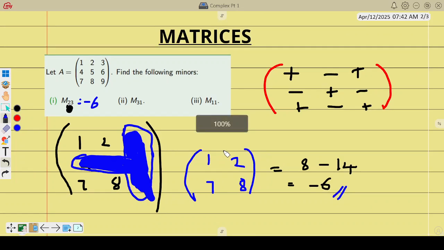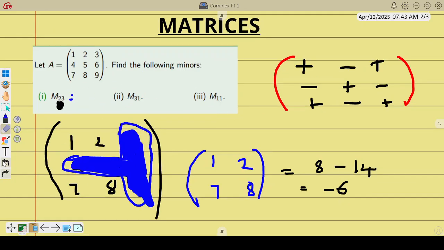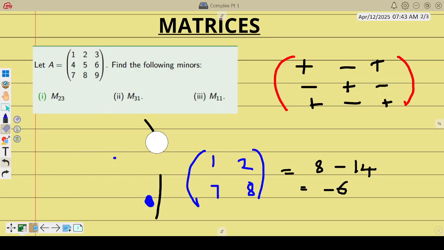We're going to talk about the cofactors on the next one, where we'll get to utilize this box. So this is how you find the minor. Now let's go to question B.